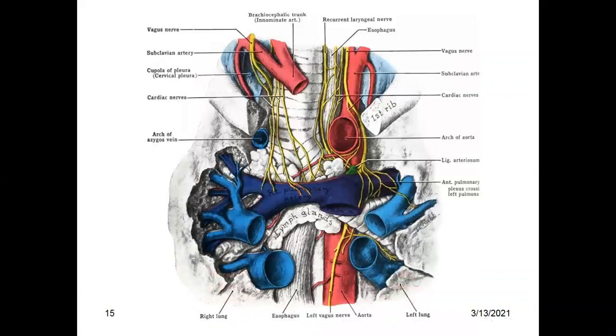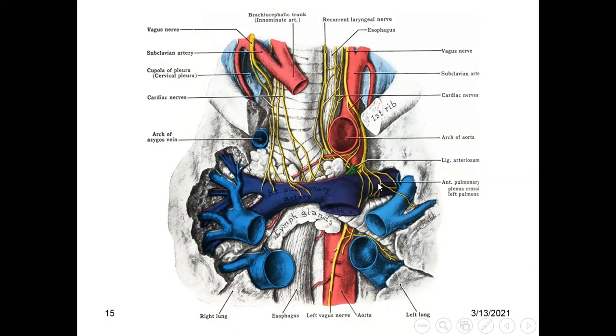Now, in this picture, the heart has been removed, and you can see the pulmonary trunk dividing into the right pulmonary artery, which is longer than the left. And the right pulmonary artery divides into two divisions. One division goes inside the interlobar fissure, while the other division gives rise to the apical and anterior segmental arteries.